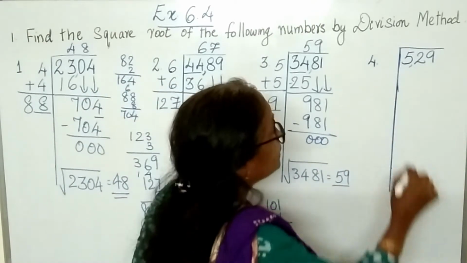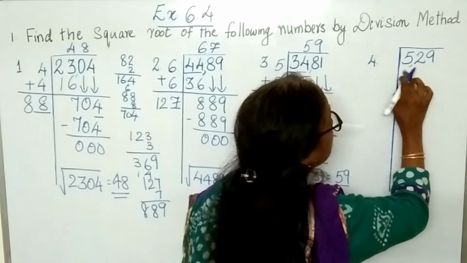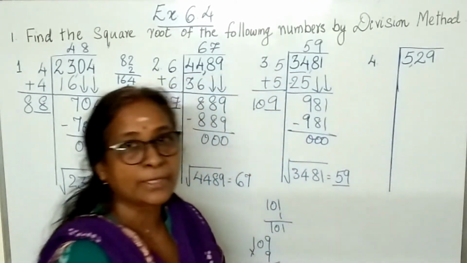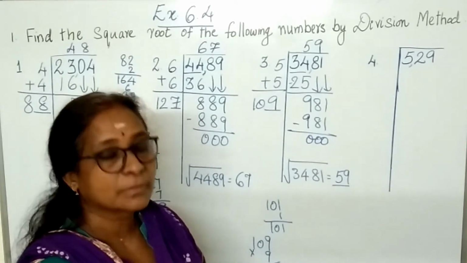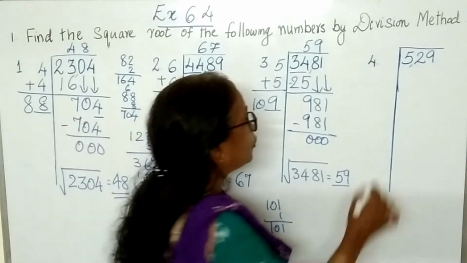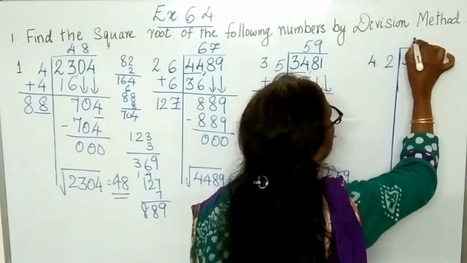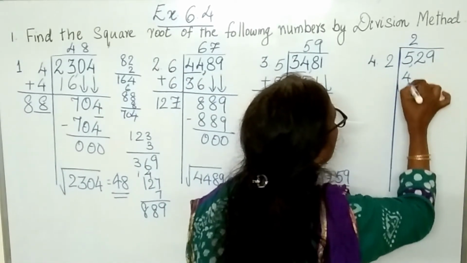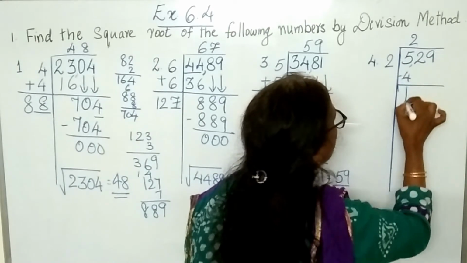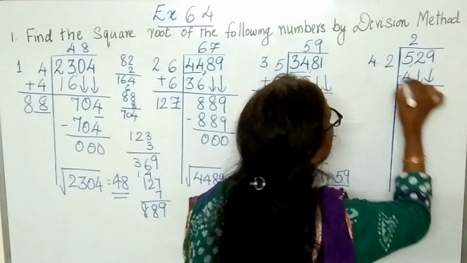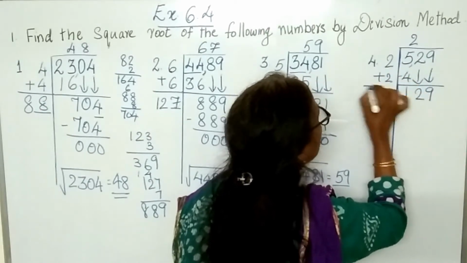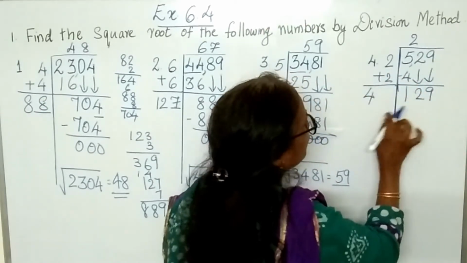Now here, we have 2 digits, here we have only 1 digit. Which square number comes just before 5? 2 2s are 4. So 2 2s are 4. Subtract, 1. Bring this 2 down, 129. Add the same number, 4.